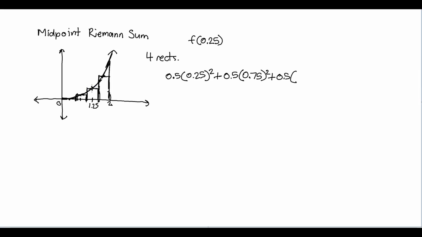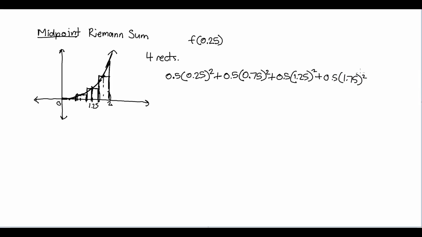Remember, the rectangle hits the function at the very center of the rectangle instead of the left or the right. That's why it's called a midpoint sum. So this is 1.25. And our final one will be 0.5 times 1.75 squared.